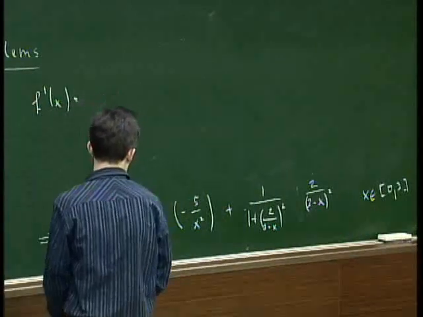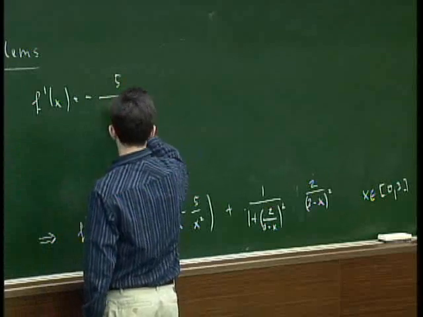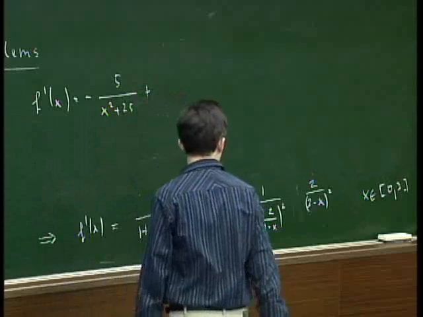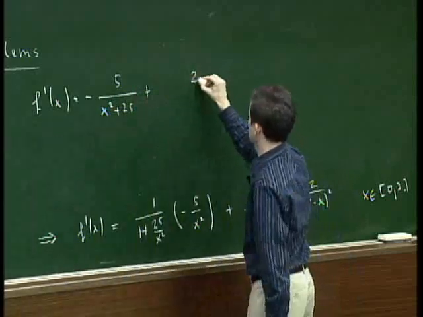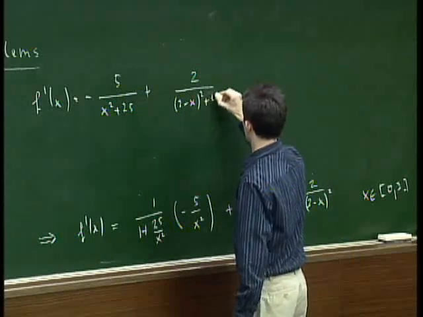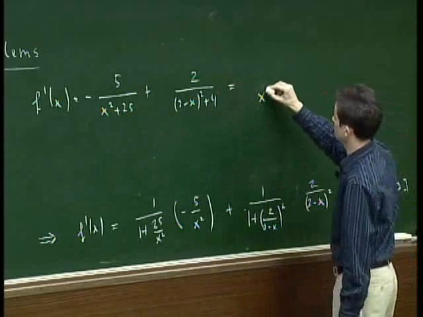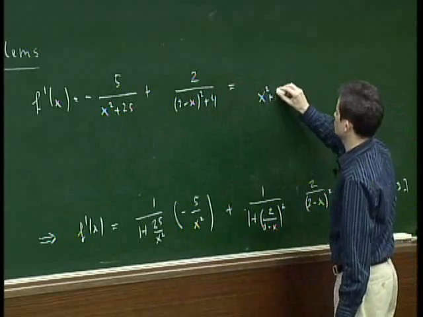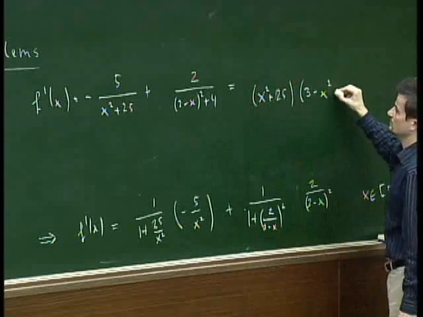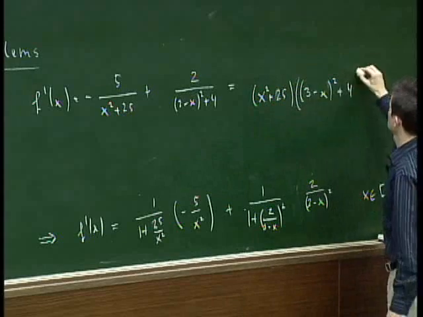So minus 5 over x squared plus 25, plus 2 over 3 minus x squared plus 4. Now this is equal to, with a common denominator, x squared plus 25 times 3 minus x squared plus 4.